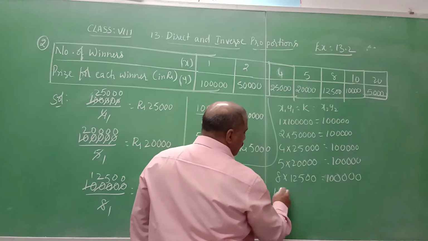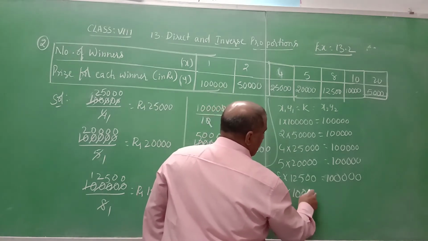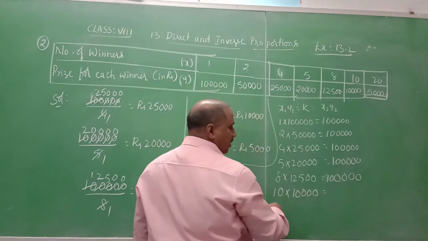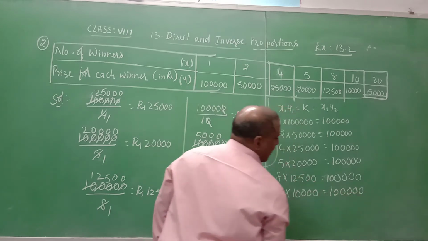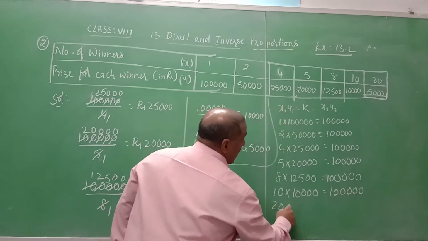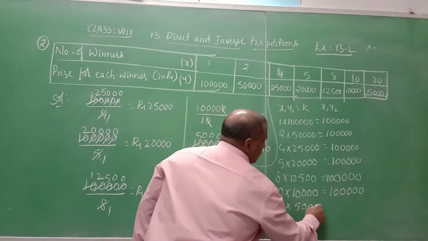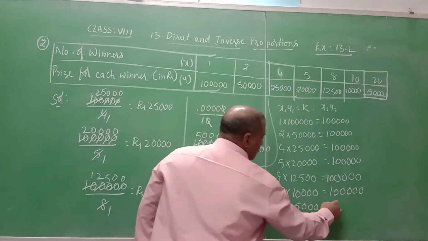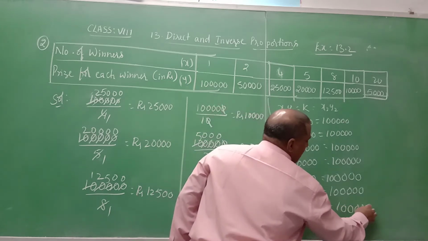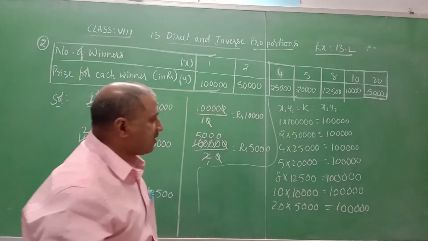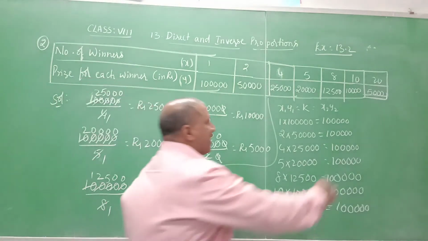Now 10 into 10,000 is 1 lakh. Now 20 into 5,000: 2 fives are 10, and keep 4 zeros. So if you see, all the products give the same amount, 1 lakh.